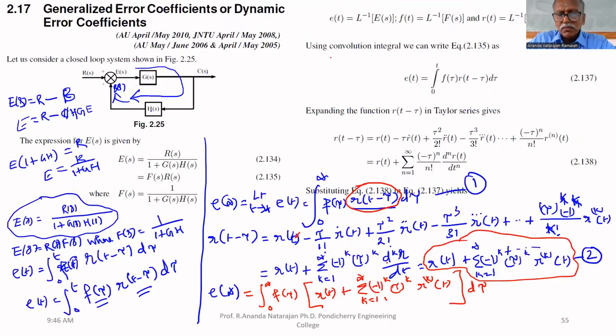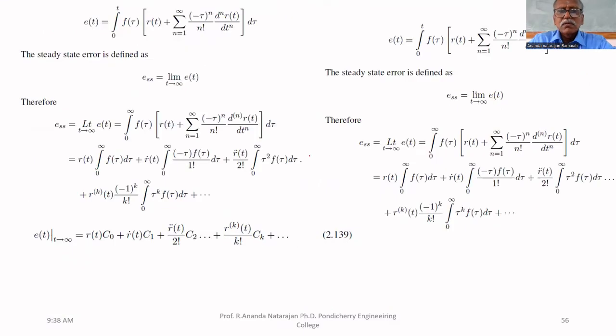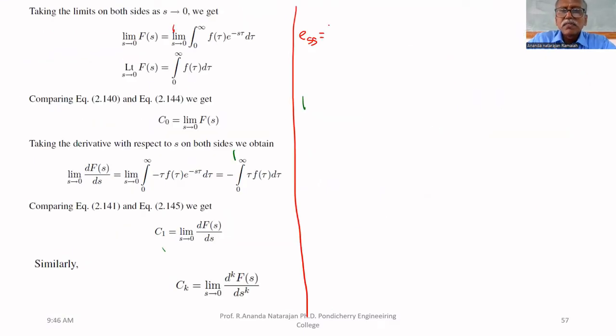The first term is the integral from 0 to infinity of r of t f of tau d tau, plus the second term, minus the integral from 0 to infinity of tau r dash of t, the first derivative, f of tau d tau divided by 1 factorial.